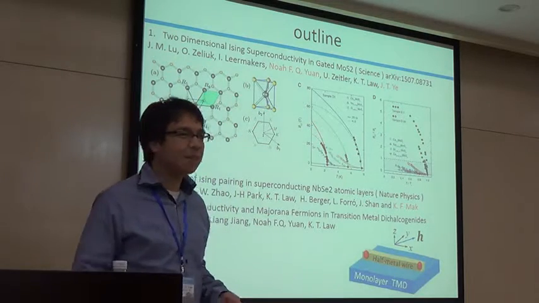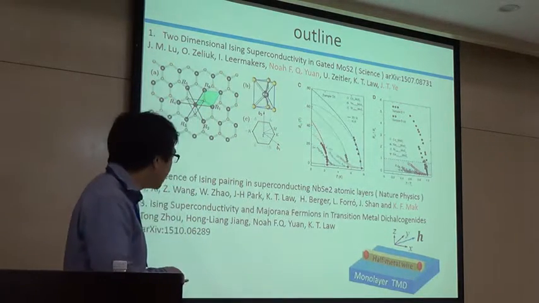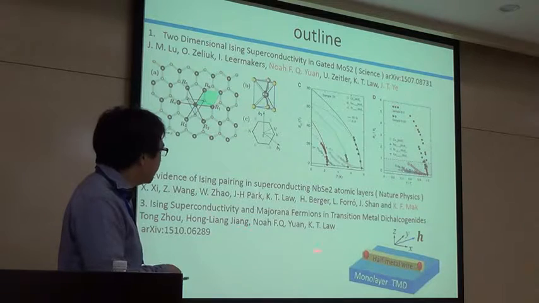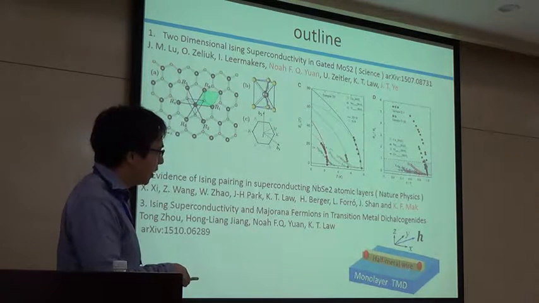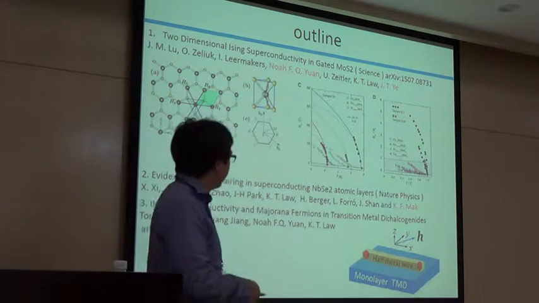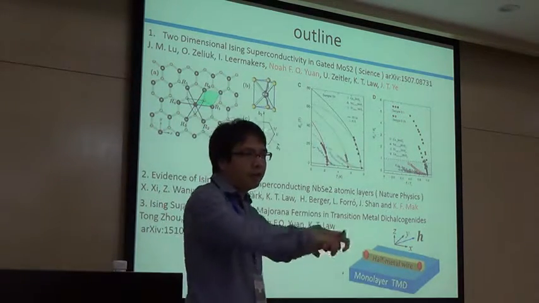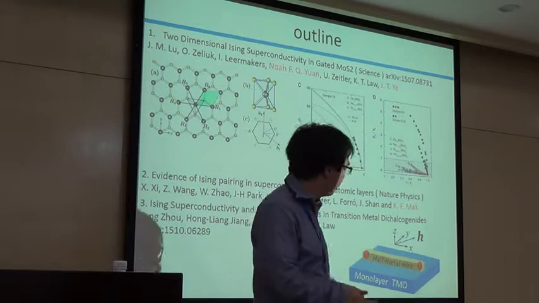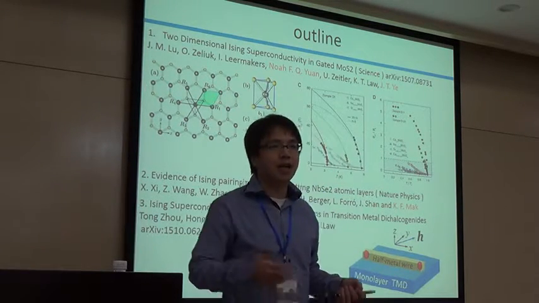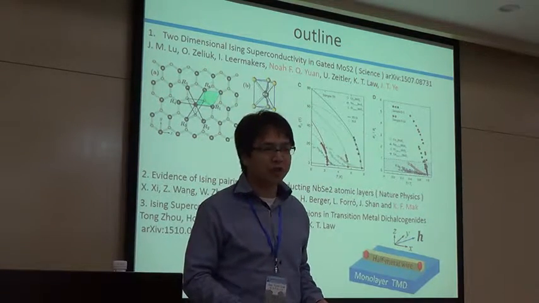Recently, we proposed that if you can induce pairing in a half metal wire with this Ising superconductor, putting the wire on the superconductor, the half metal wire will become a topological superconductor.